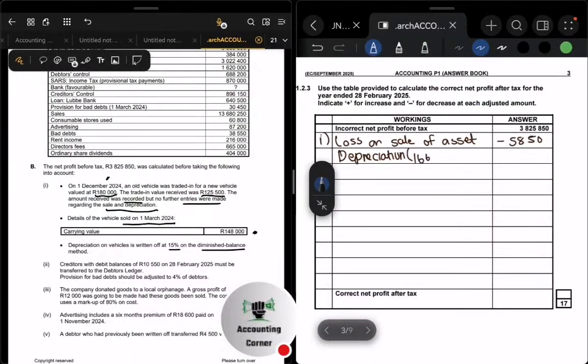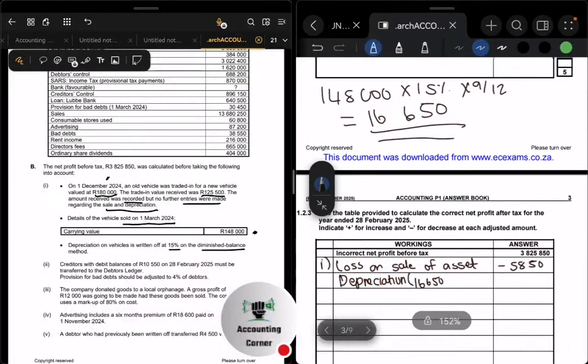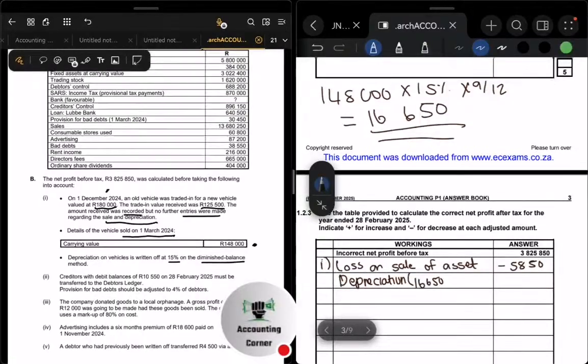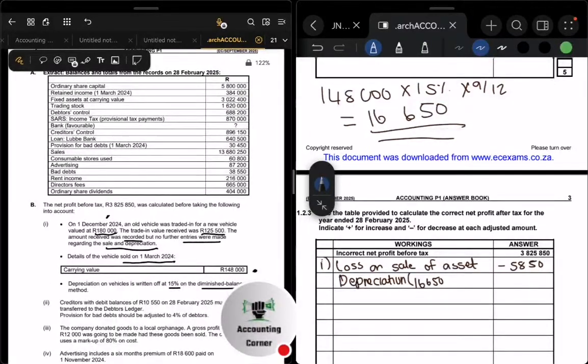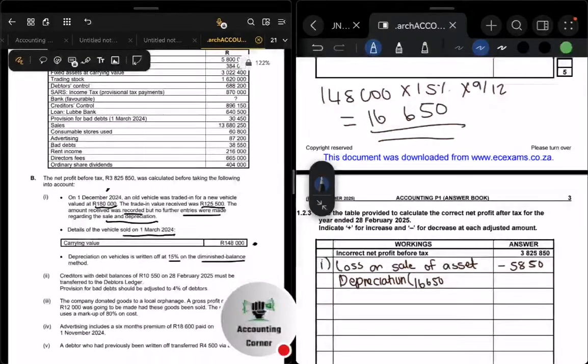And then we need to calculate the depreciation for the new vehicle as well. Okay. So the new vehicle was valued at 180,000, and we bought it on the 1st of December 2024. So it depreciated December, January, February. So it depreciated 3 months. So then we will say 180,000 multiplied by 15% multiplied by 3 divided by 12, which will give us 6,750.